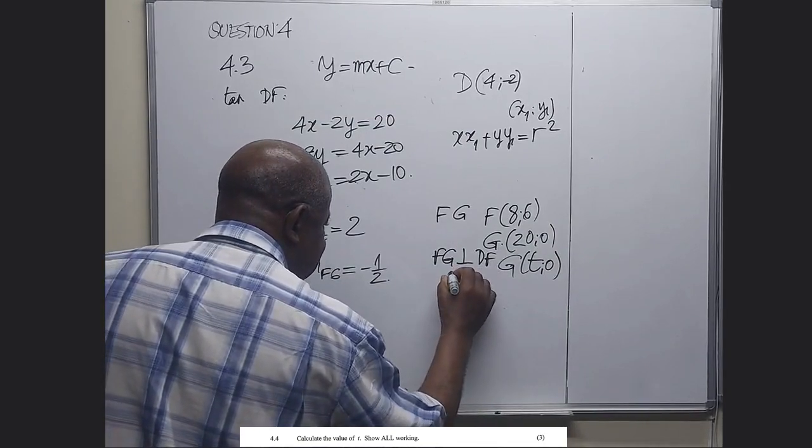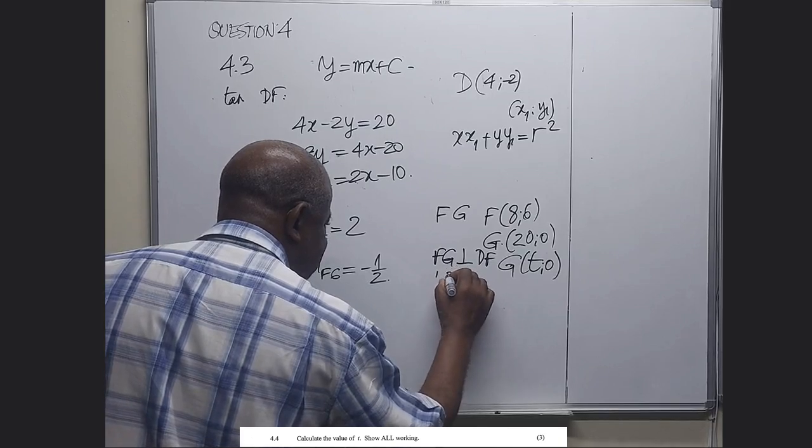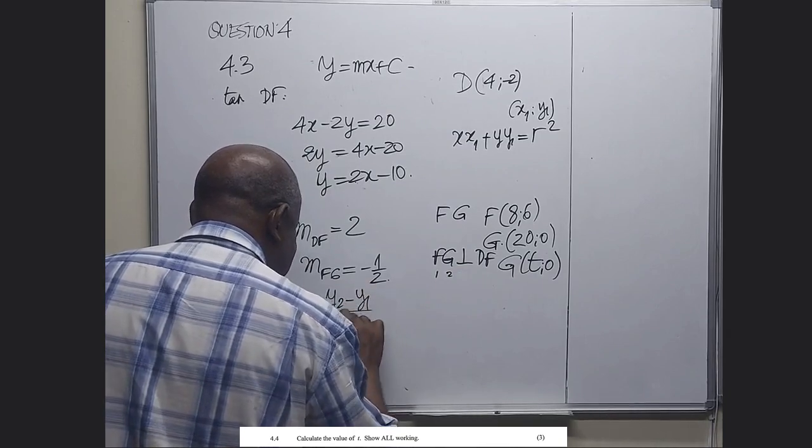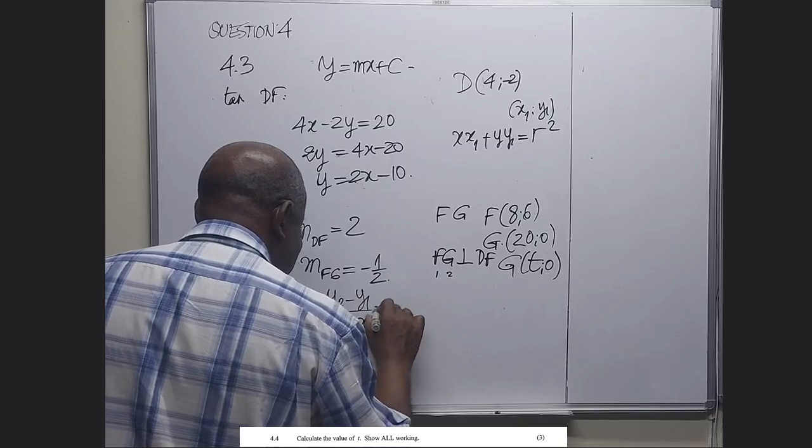The gradient will be given by FG. Let's consider F to be point 1 and G to be point 2. So we'll be having y2 minus y1 over x2 minus x1.